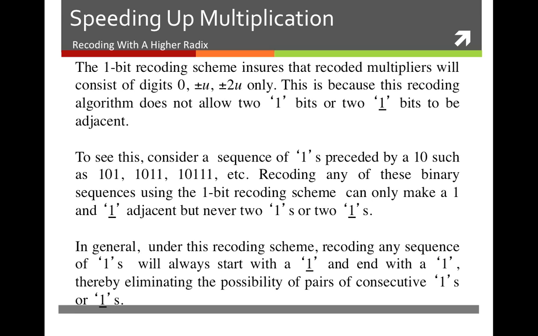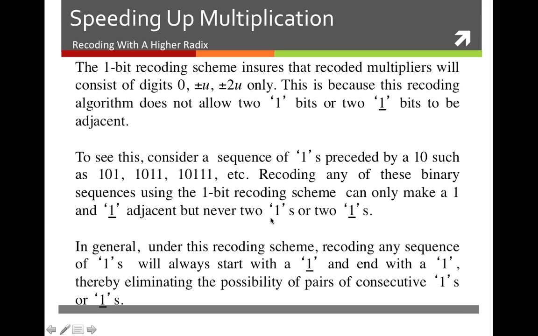This generally works for this sort of scheme because when you put a -1 in here, for example, and you start with the next bit position, you don't really look forward to what comes next. So either you have a 0 here or a 1, and when you have a 1, this will just start another recoding. But since you do this in pairs, you would really have only these terms: 0, plus minus 1, plus minus 2.